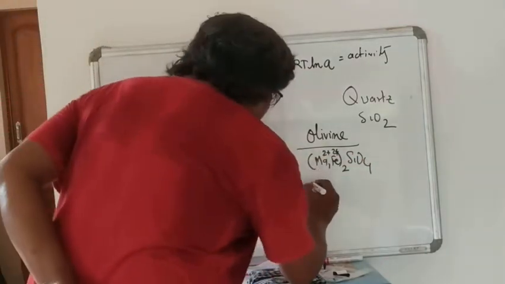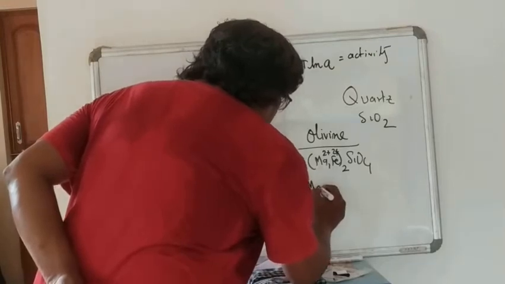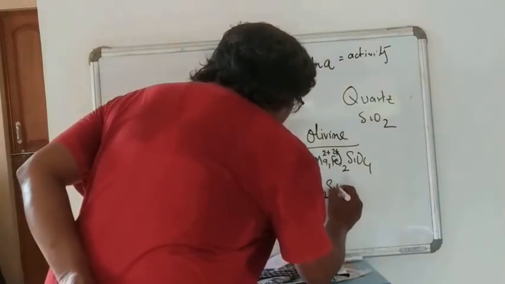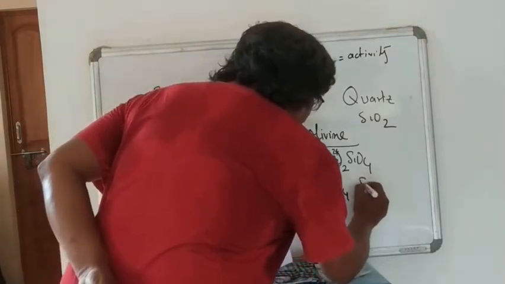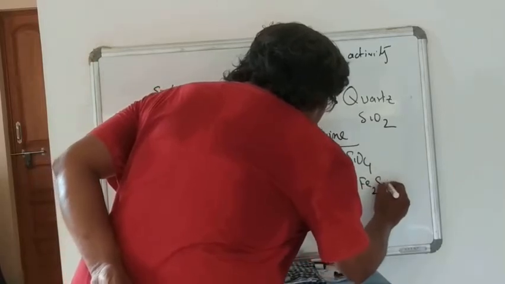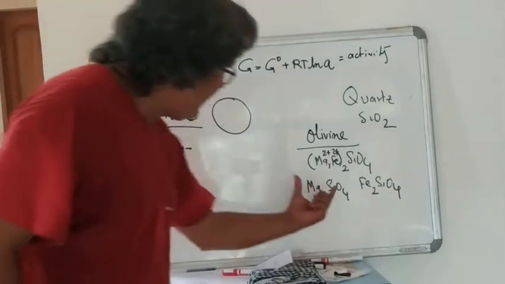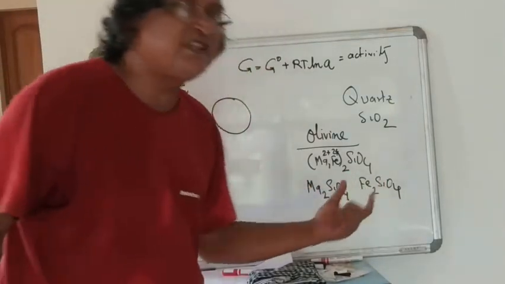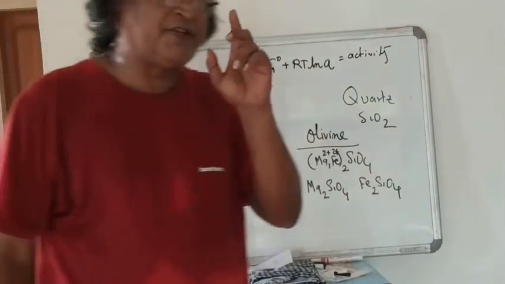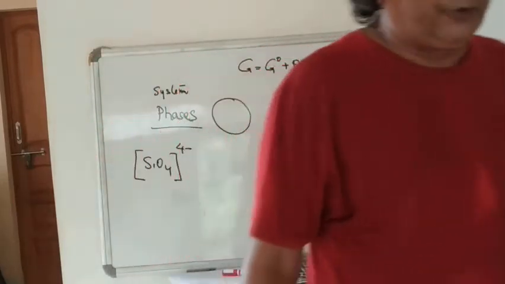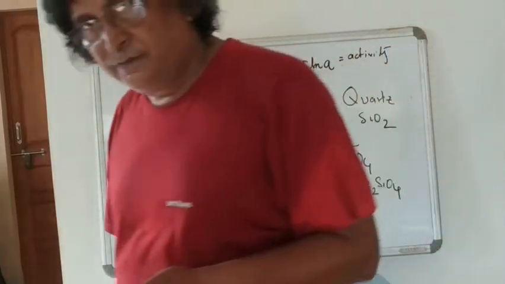I can split it into Mg2SiO4 and Fe2SiO4. It's not a mechanical mixture, it is a chemical compound of Mg2SiO4 and Fe2SiO4. It's called a solid solution.